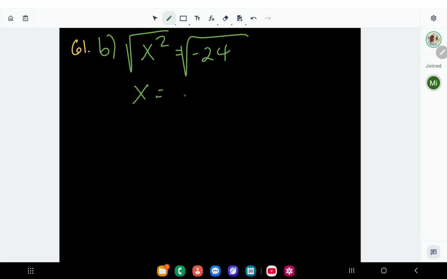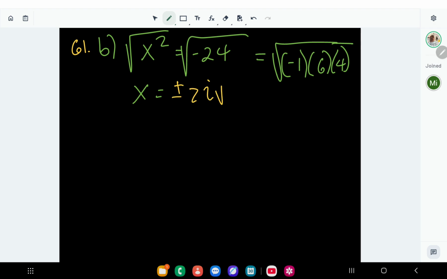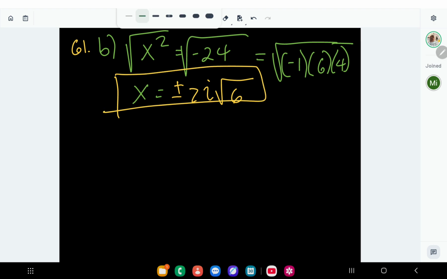So this is x equals, okay, we can write 24 as negative 1 times 6 times 4. So this is just plus minus 2i square root of 6. Those are the values of x.